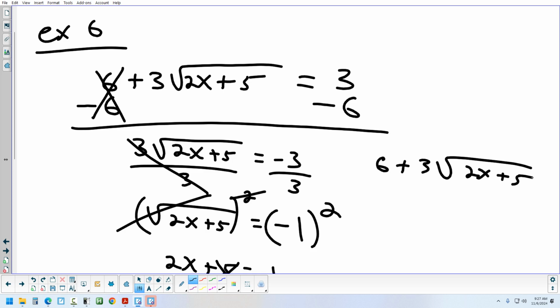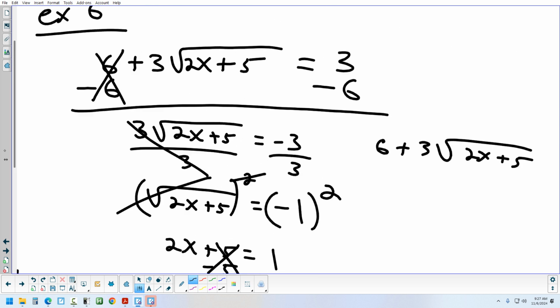Negative 4. What's negative 4 plus 5? That's 1. And the square root of 1? 1. 1 times 3? 3. And 3 plus 6? 9. So what were we supposed to get? We were supposed to get it equal to 3.